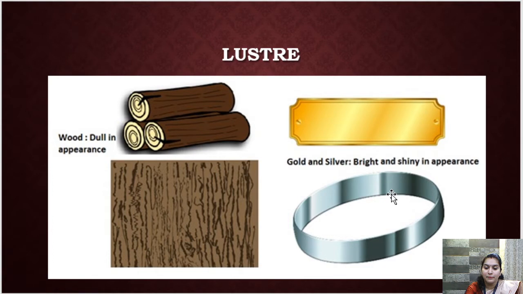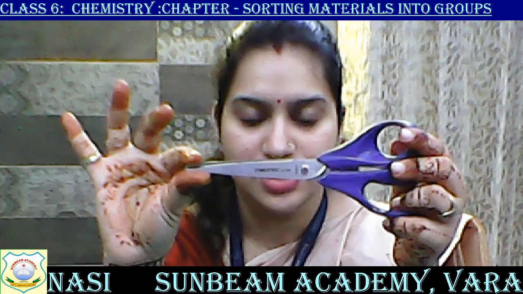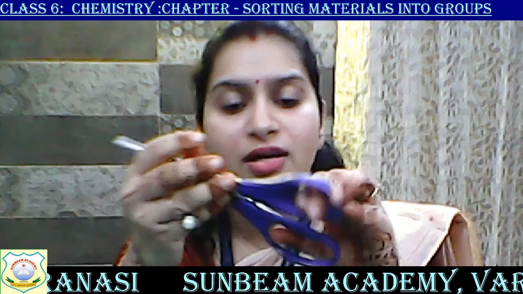Alright, I have a few things with me. Now consider this knife. Consider this scissor. Children, you can see this cutting edge of the scissor. This is of shiny material, isn't it? This area is shiny. But if we look at the plastic, from where we are holding this scissor, this is not shiny, isn't it? So this is luster.